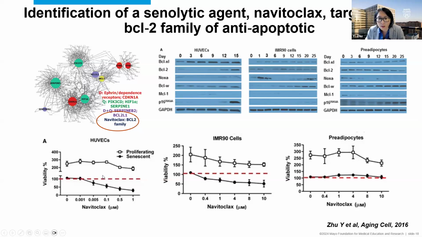Indeed, when we tested in an in vitro assay by giving different doses of navitoclax, navitoclax is senolytic in both HUVECs and IMR-90s. However, not surprisingly, it is not senolytic in pre-adipocytes, as we expected, because BCL2 family members did not change in senescent pre-adipocytes. So from this study, we started to notice that senolytics can be cell type specific, or very context specific.